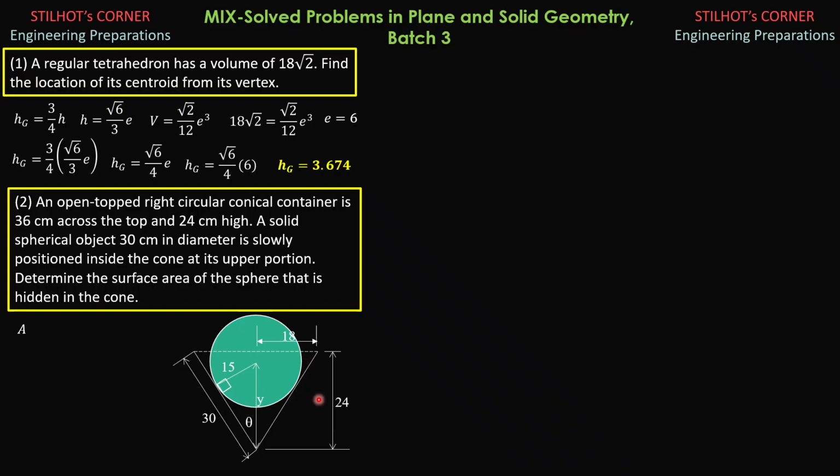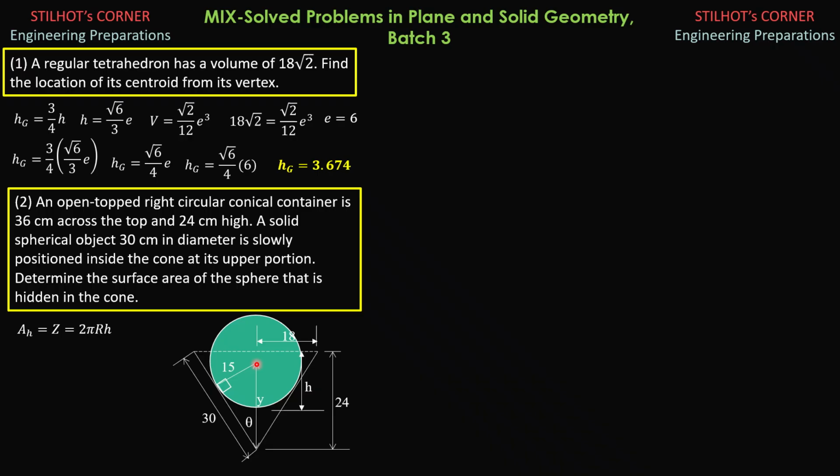By the way, the area of the portion of the sphere that is hidden or exposed is the zone area of the sphere, which is 2 pi r times height. And this is the height from this level at the top of the cone to the lowermost point on the surface of the sphere. Let's call that h.